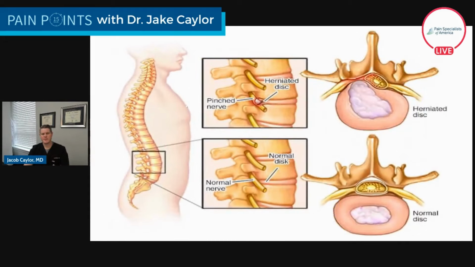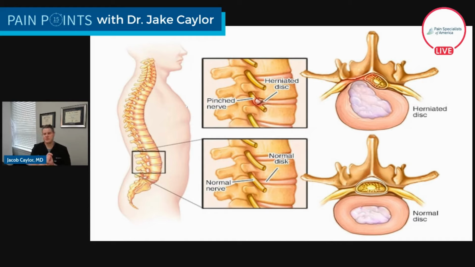When we think about that pathology, here you have a couple different pictures where you can have a pinched nerve, and depending on which nerve root is irritated, that will cause a different pain pattern into the leg. That can allow us as pain physicians, as spine physicians, to identify where the pain is going, and as far as where the pain's going, what nerve root level is most likely at play here.